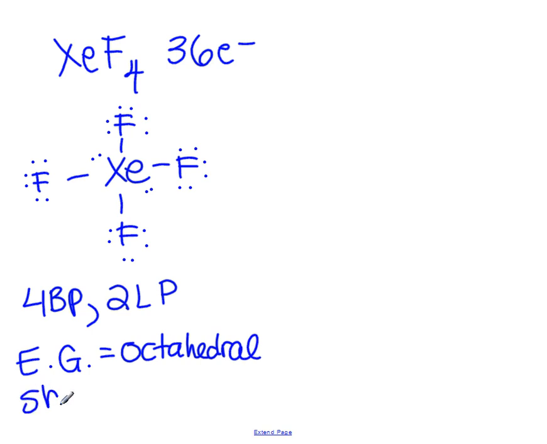But my actual shape here is not the same as my last one, even though it still belonged to octahedral. Because I have 4 bonded pairs and 2 lone pairs, my shape is going to be different. So when I go and look, 4 bonded pairs and 2 lone pairs, it's square planar.